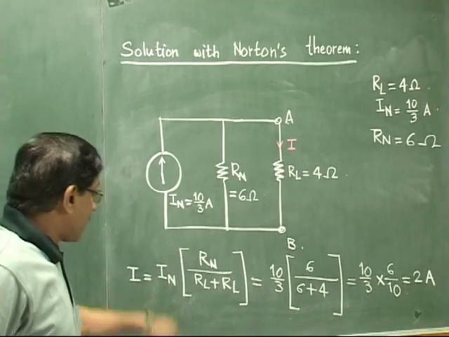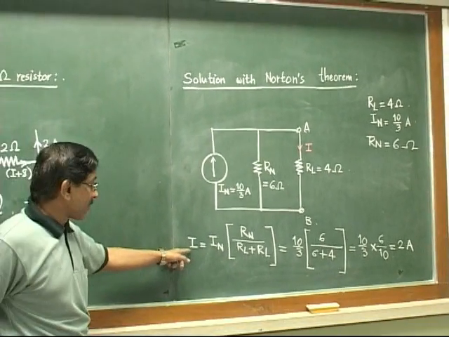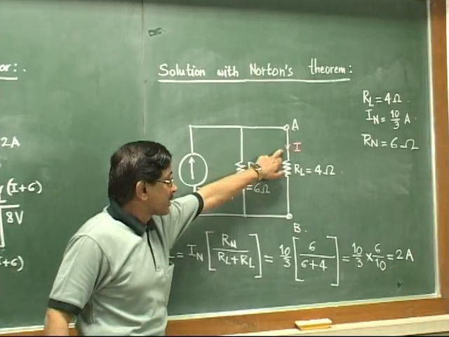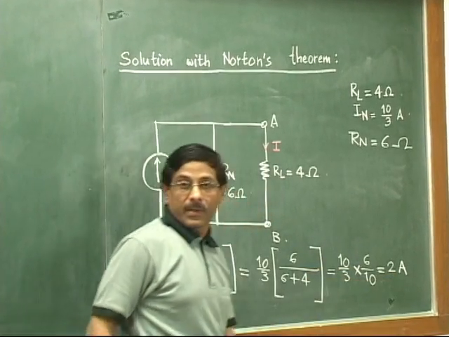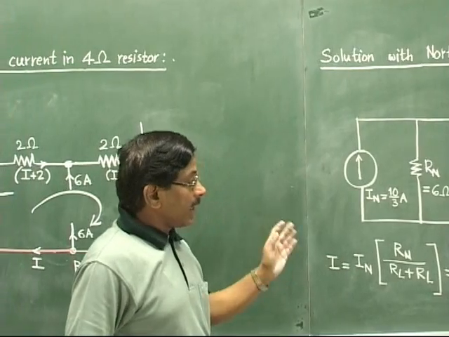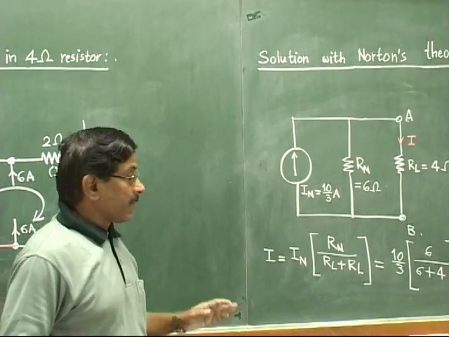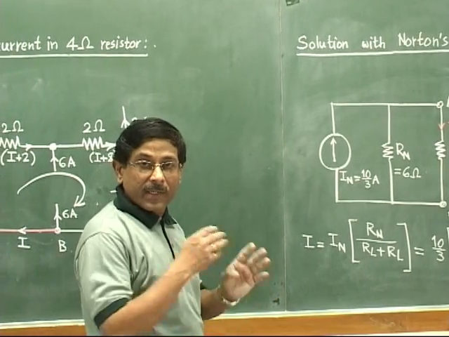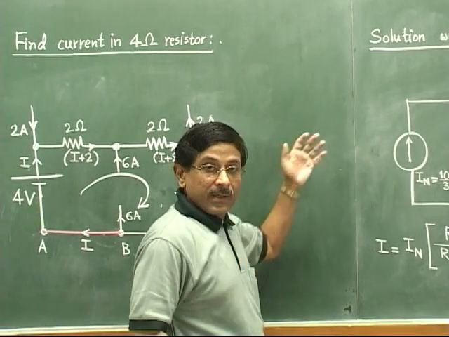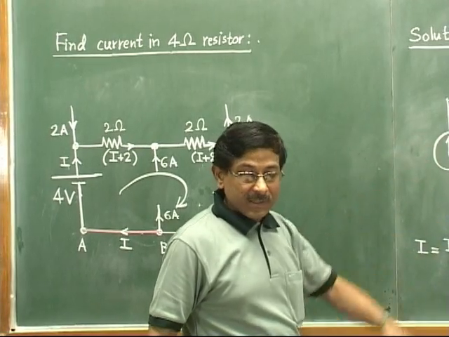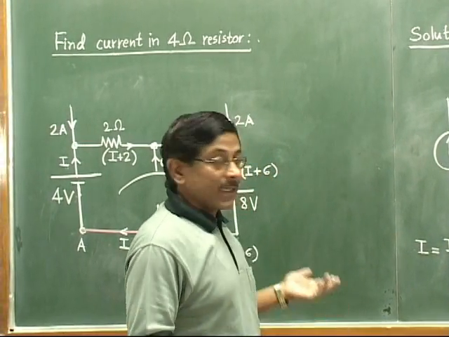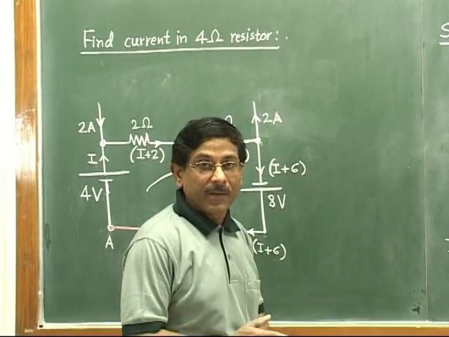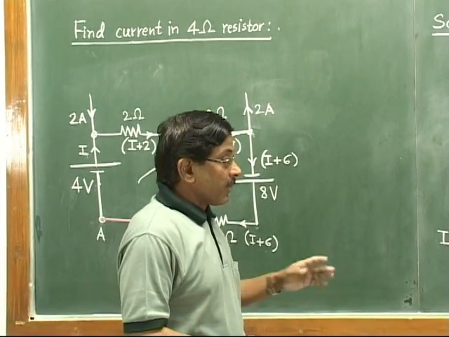Okay. So finally we have calculated with Norton's theorem also that the current in the load resistor must be equal to 2 ampere. Here we have cross-checked the answer of the same problem with three methods: Kirchhoff's laws, Thevenin's theorem, and Norton's theorem. Considering the same problem with the superposition theorem, that also we will do.